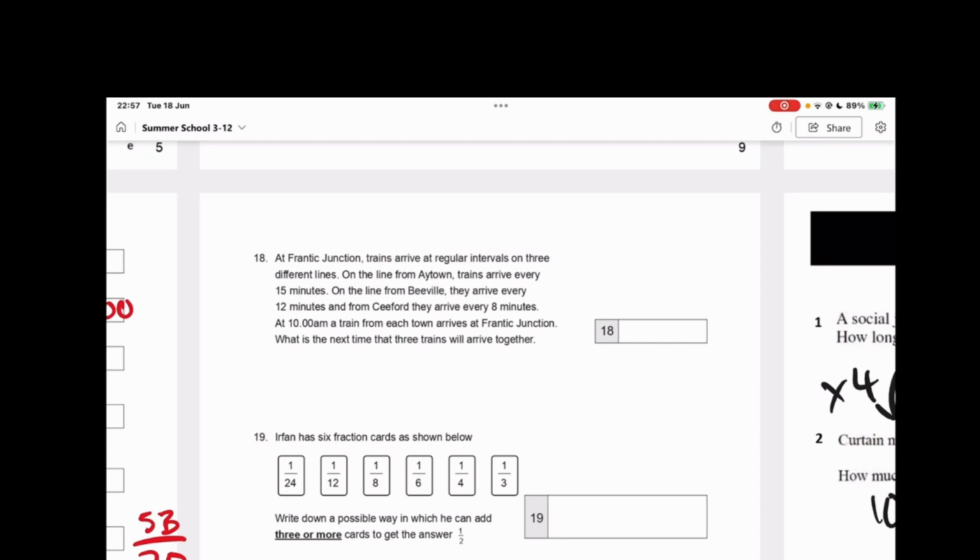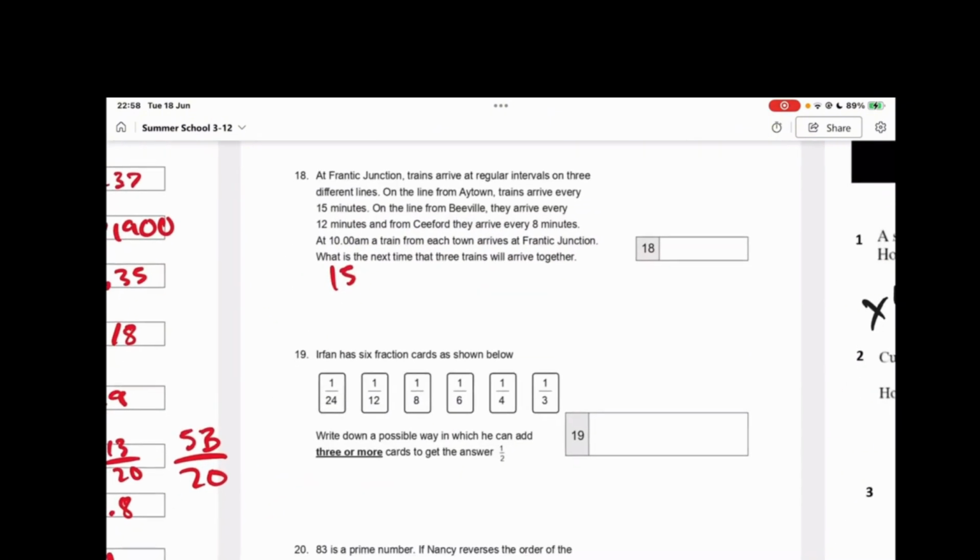So now we're looking for the lowest common multiple of 3 numbers: 12, 15, and 8. Okay, so considering that it's 15, they'll all end in 5 or 0. So we'll go 15, 30, 45. And now we can note which of these fall into a multiple of 8.